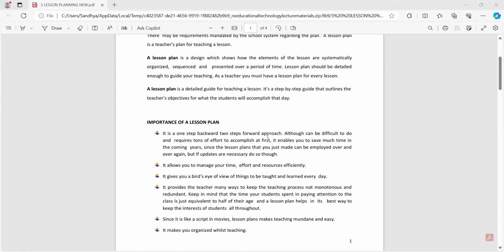It provides the teacher many ways to keep the teaching process not monotonous. That is what, the teacher does not just walk into the classroom and think about what she's going to do. When you plan your lessons, you think about the lesson beforehand. Because of that, you have time, you can reflect on that.